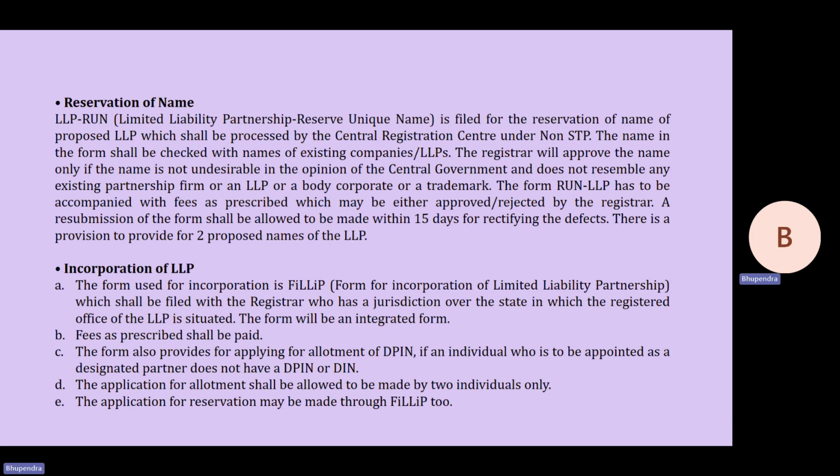Fees as prescribed shall be paid. The form also provides for applying for allotment of DPIN if an individual who is to be appointed as designated partner does not have a DPIN or DIN. The application for allotment can be made only for two individuals, not more than two.